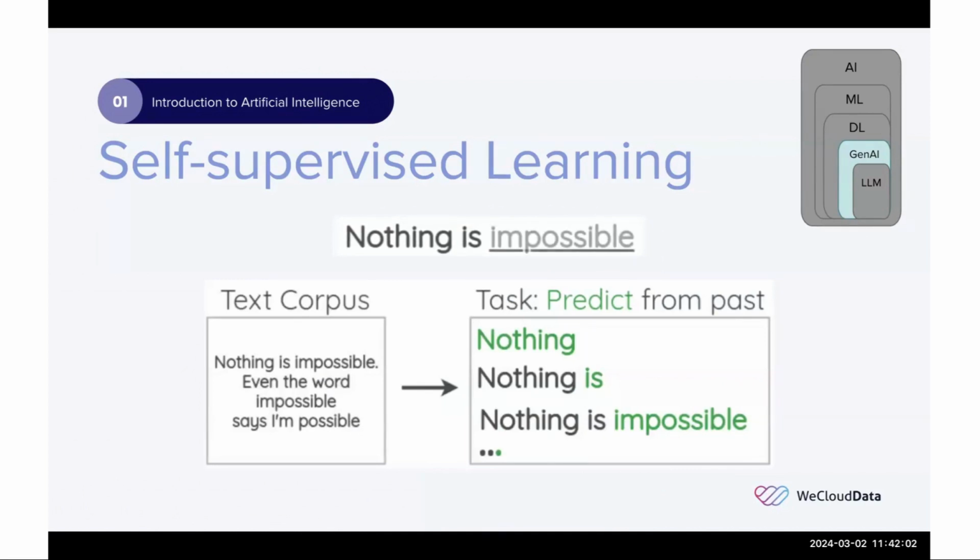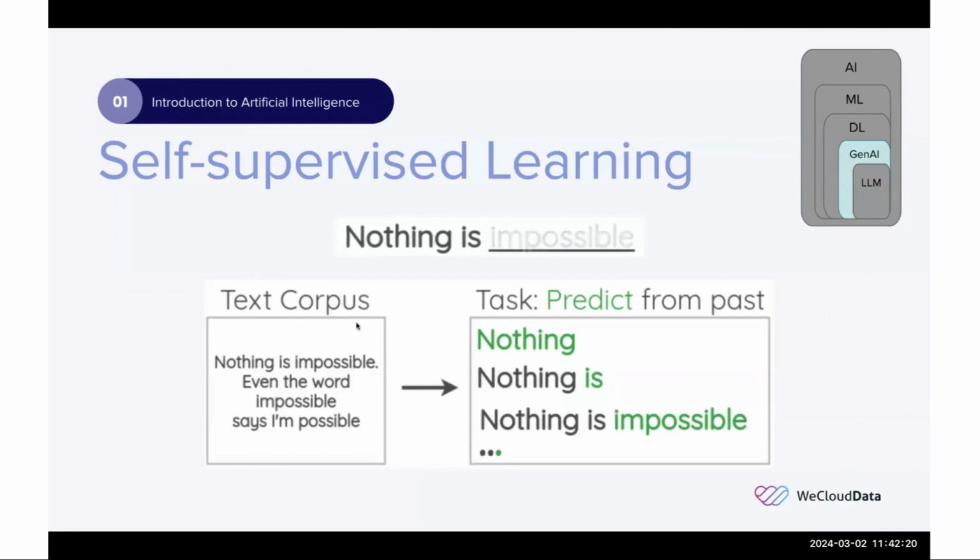Let's say we want ChatGPT to do the completion, right? So we prompt "nothing is," and then a large language model will be able to predict the next word. And then it will say, okay, "nothing is impossible."